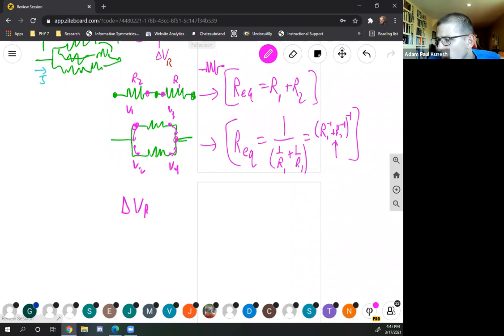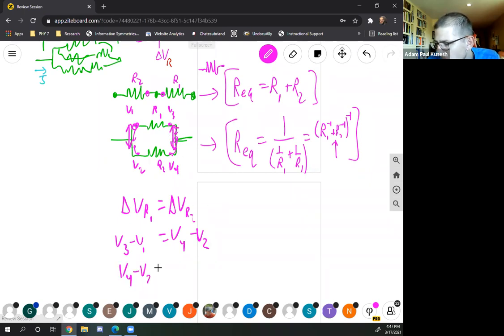Delta VR1, the upper resistor, has to equal delta VR2, because delta VR2 is just V4 minus V2, and delta VR1 is V3 minus V1. Because these points are connected by a wire, V1 and V2 and V3 and V4 are the same. So this is really V4 minus V2.